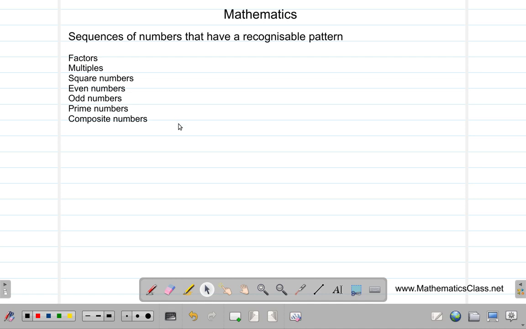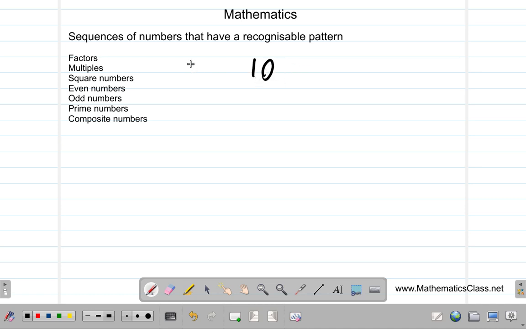Now the thing is, when you talk about factors, what do you talk about? It's a number that can divide into some other number without leaving a remainder. It can divide directly. It's divisible. Suppose you have a number like 10.